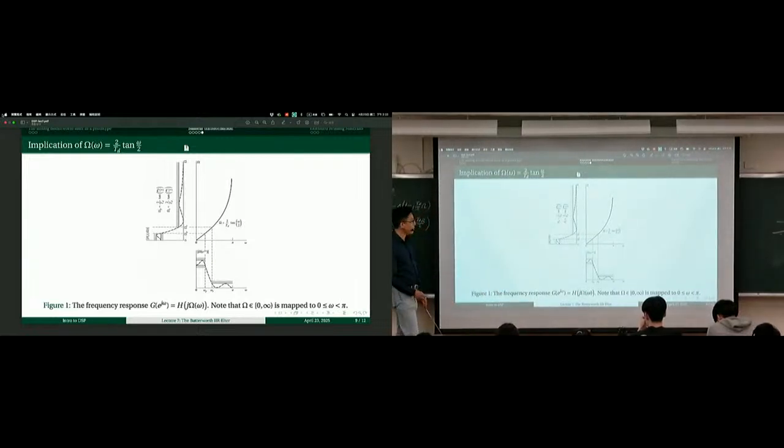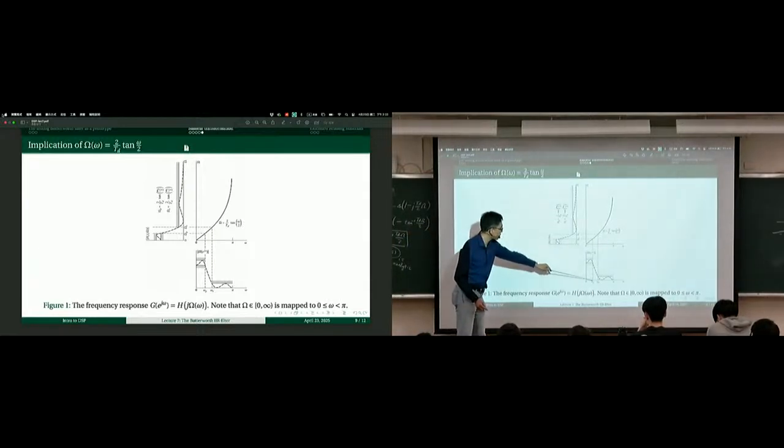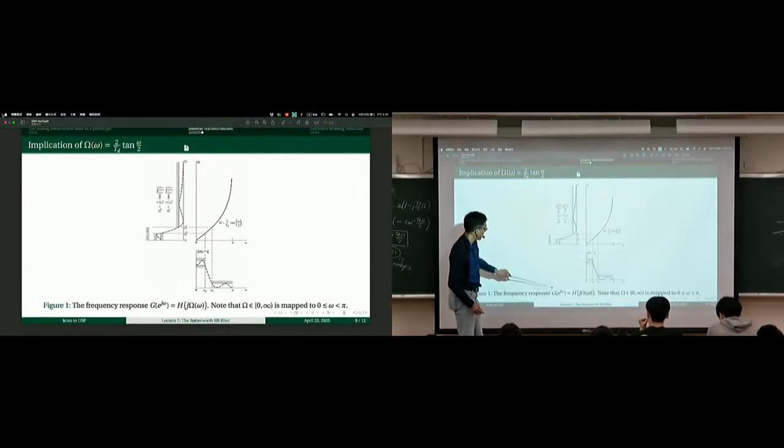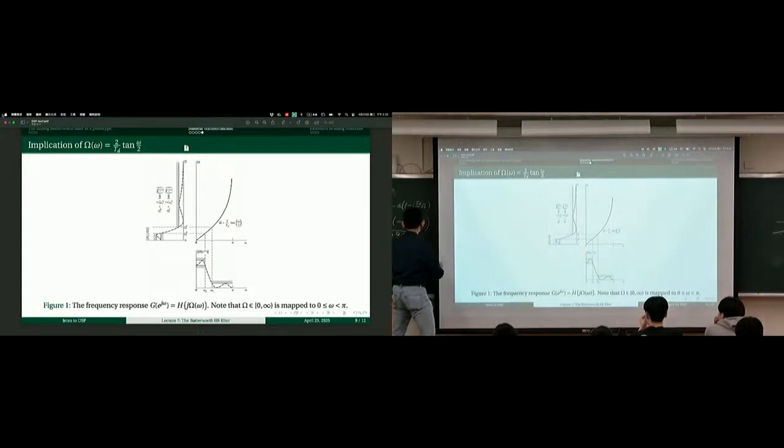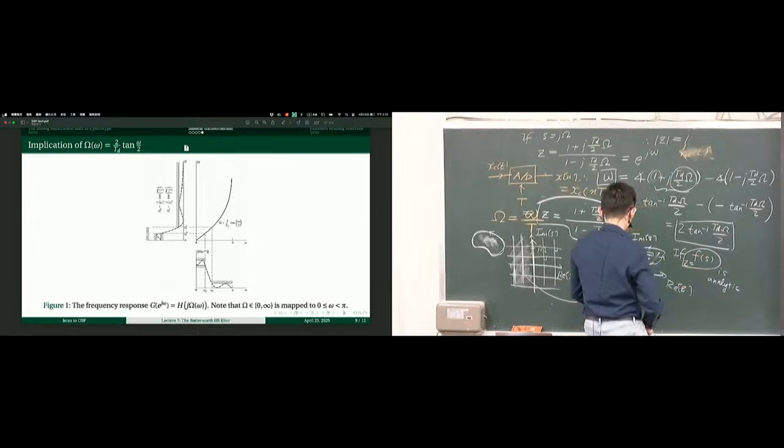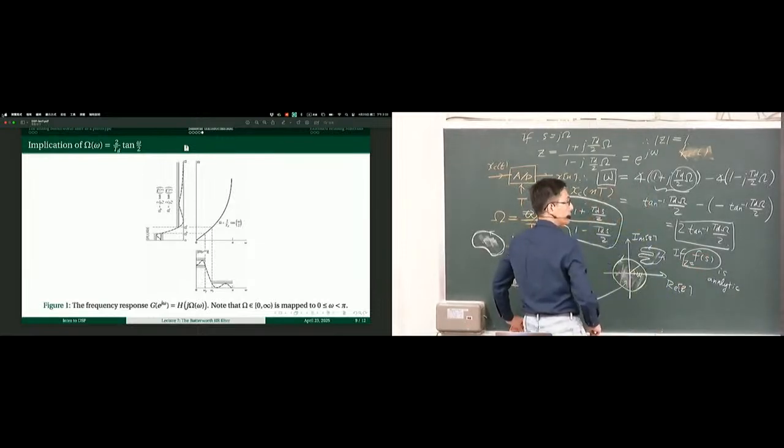What does that mean? It means that at every frequency, let's say this corner frequency, oh, by the way, the notation is still a bit different. The h here is my g, and the hc here is my h. Sorry for the confusion. This is a direct copy from the textbook.